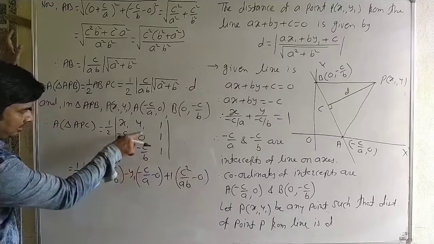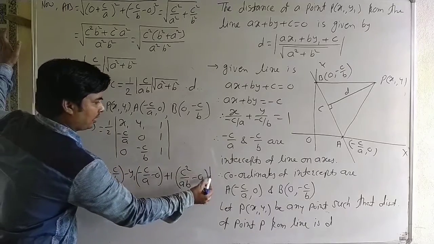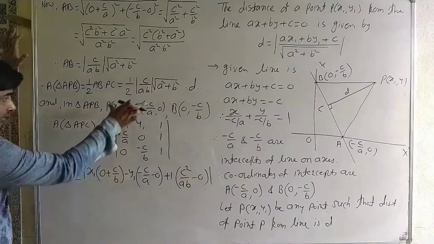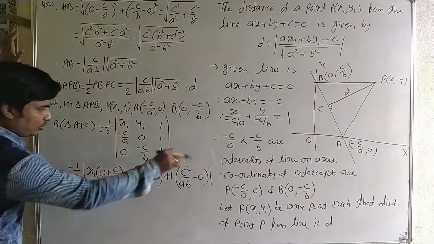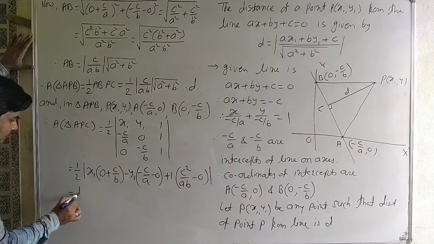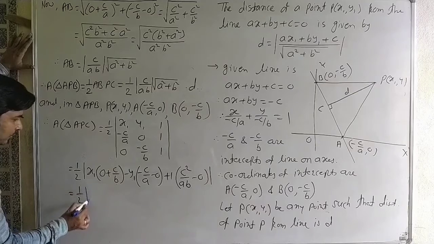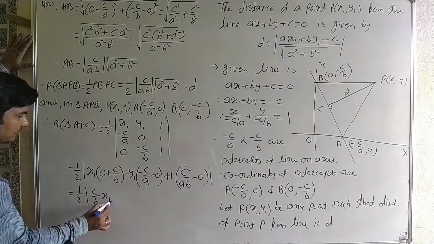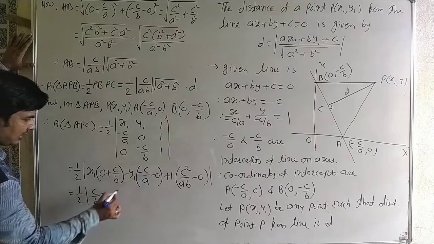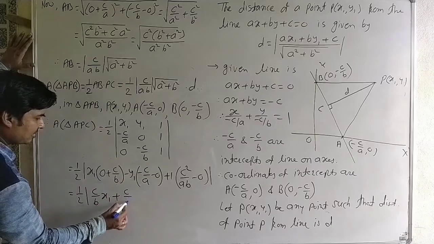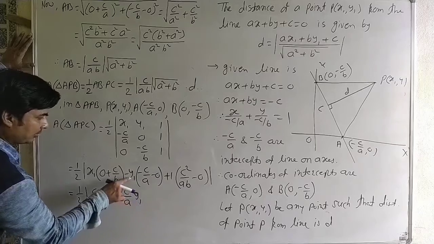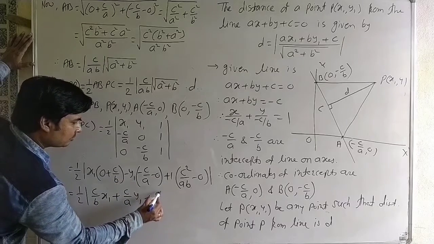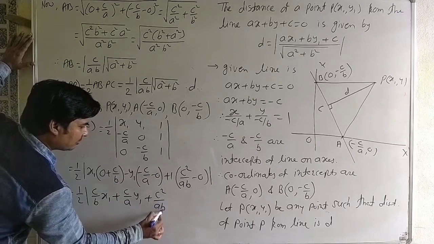It is the value of the determinant. This vertical line is the modulus. Therefore 1/2 into C by B x1 plus C by A y1 plus C square upon AB.